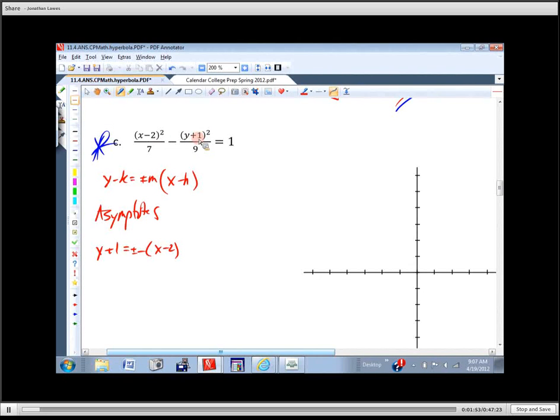The y. Okay, y is up and down. That's going to have to do with the rise. Look underneath here. Square root is 3. Okay? Run is right or left. That's going to be found underneath the x. Look underneath there. It's a 7, square root of 7. Put that right there. That's it. Now that's ugly, but that's what it is. Any questions?